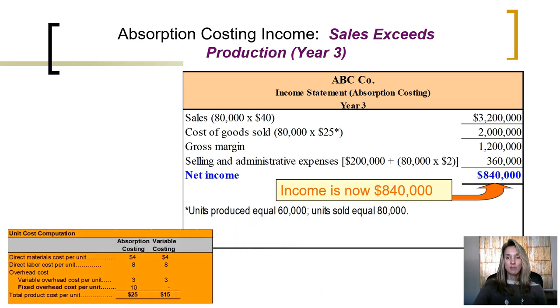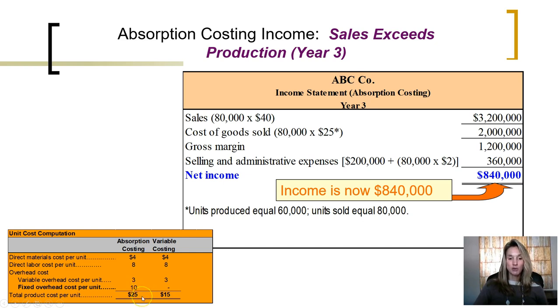When we prepare an income statement under absorption costing, we are going to see sales of 80,000 units at $40 per unit, total revenues of $3.2 million. Cost of goods sold: under absorption costing, recall all product costs are absorbed into the cost of goods sold, so all of our variable costs plus our fixed overhead cost.